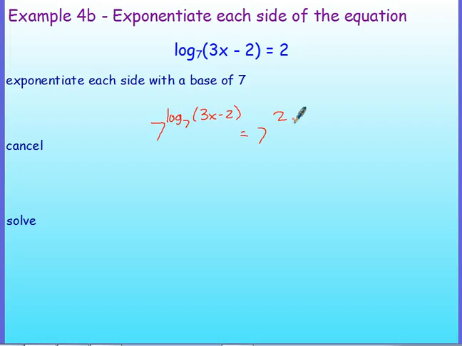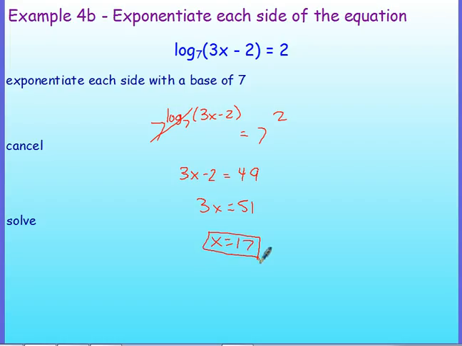You realize that this is whatever I want it to be. Correct? So then what's going to happen? And I'll be left with 3x minus 2 equals 49. Be very careful. And then, 3x equals 51. X equals 17.